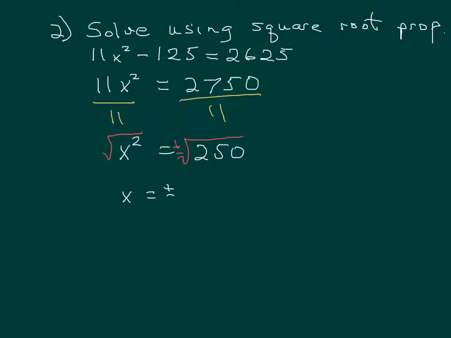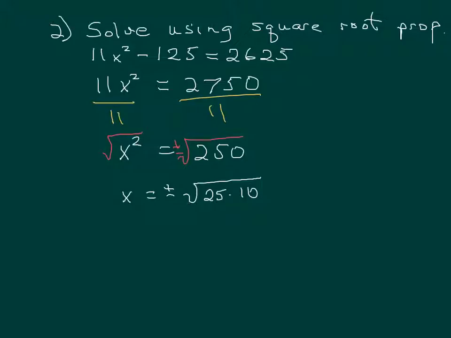On the right, you need a perfect square in order to solve this. And one thing I like to do is if I see a 25, I know that 25 is a perfect square, so I'm going to have the 25, and 250 divided by 25 is 10. So I have 25, which is a perfect square, times 10, which is not.